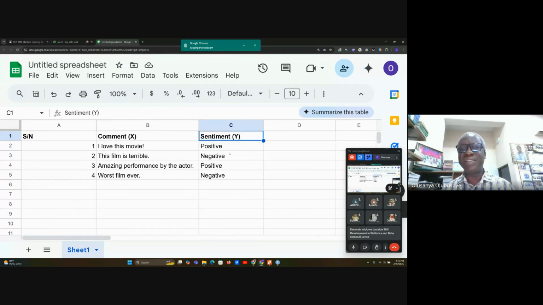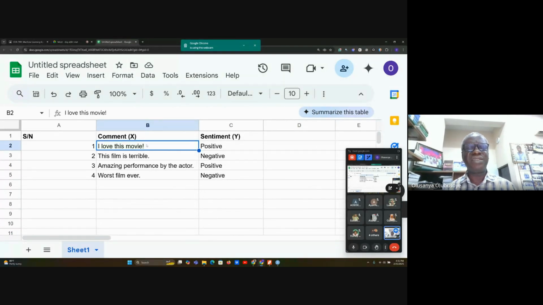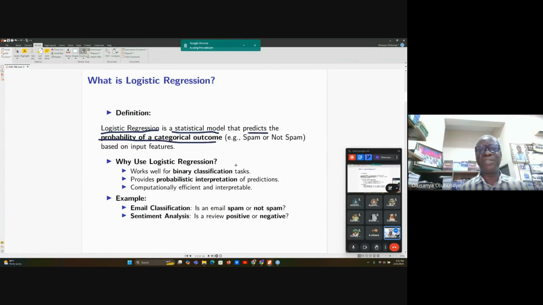So sentiment is the outcome. The comments represent the independent variable or the explanatory variable, but I don't want to use all of that.